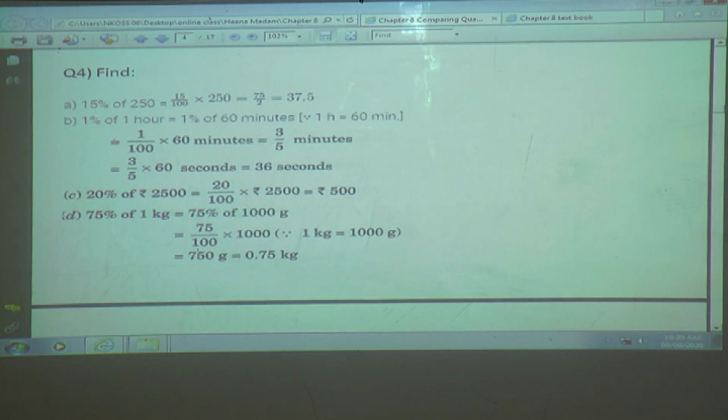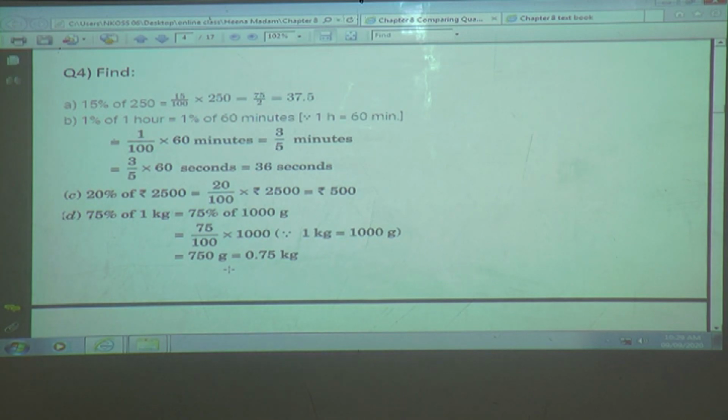After reducing we find it is 750 gram, which is equal to 0.75 kg. When it is given in gram and we convert it into kg, it should be divided by 1000. I think you have understood how to convert a percentage by considering it out of 100.